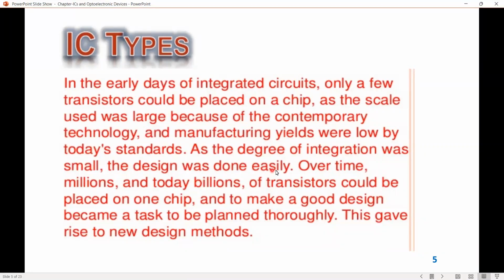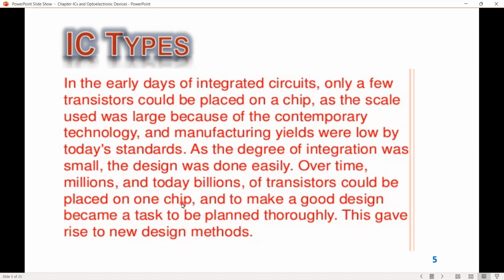The design was done easily because of less number of components you want to design. So designing was easy. Over time, millions, see this, millions, and today billions of transistors and semiconductor devices could be placed on one chip.